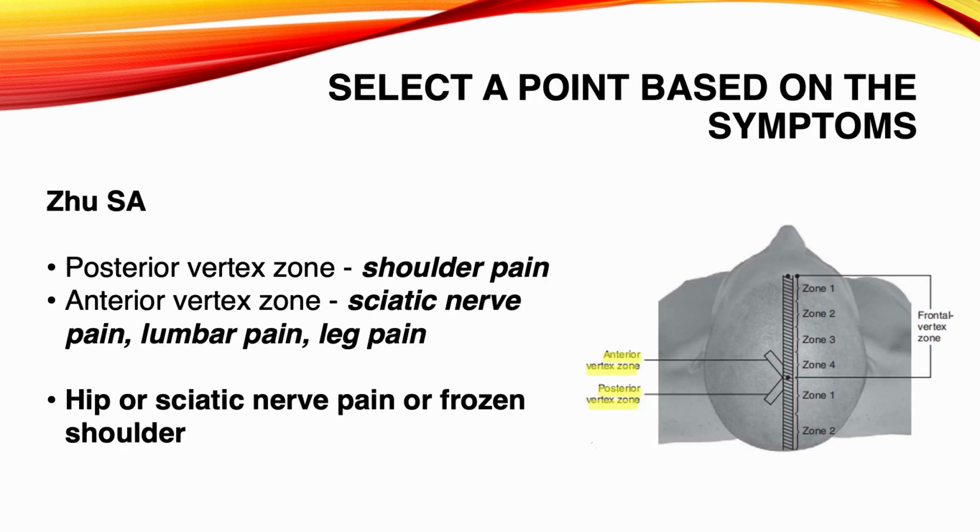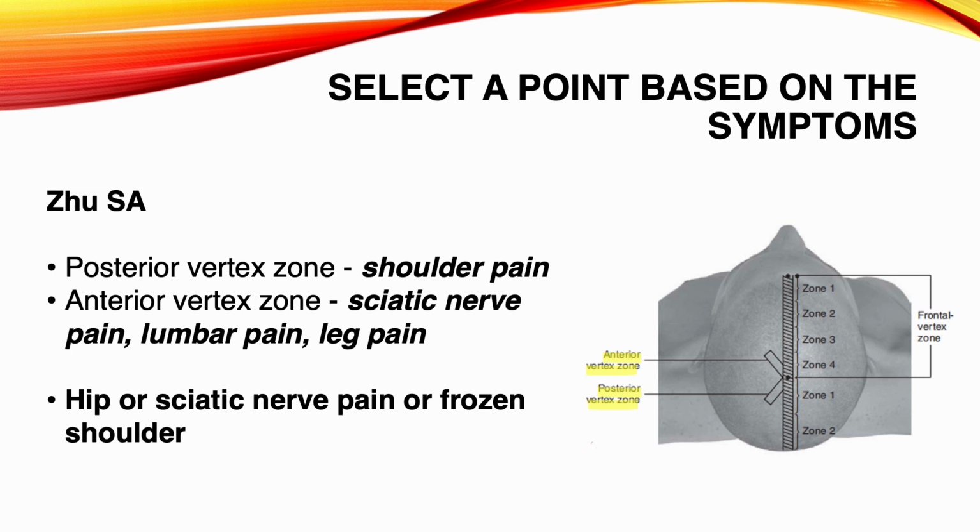Choose a scalp stimulation area that has specific results for specific symptoms. For example, in Zhu scalp acupuncture, the posterior vertex zone is a clinical experimental area for treating shoulder pain, and the anterior vertex zone is a clinical experimental area for treating sciatic nerve pain, lumbar pain, and leg pain.